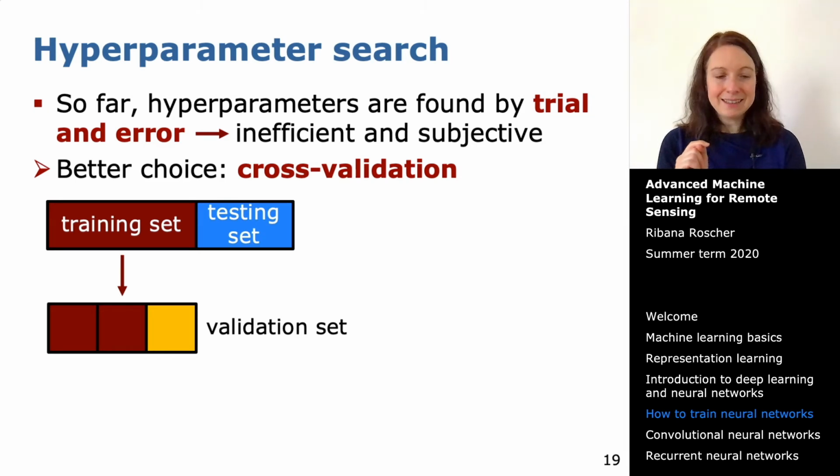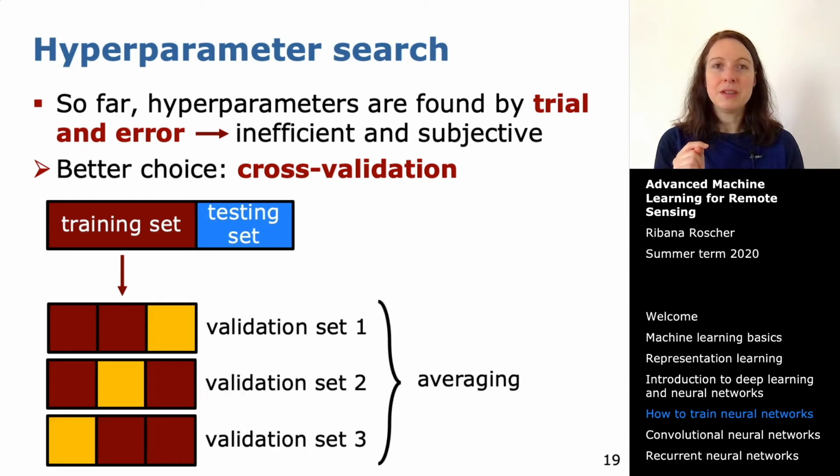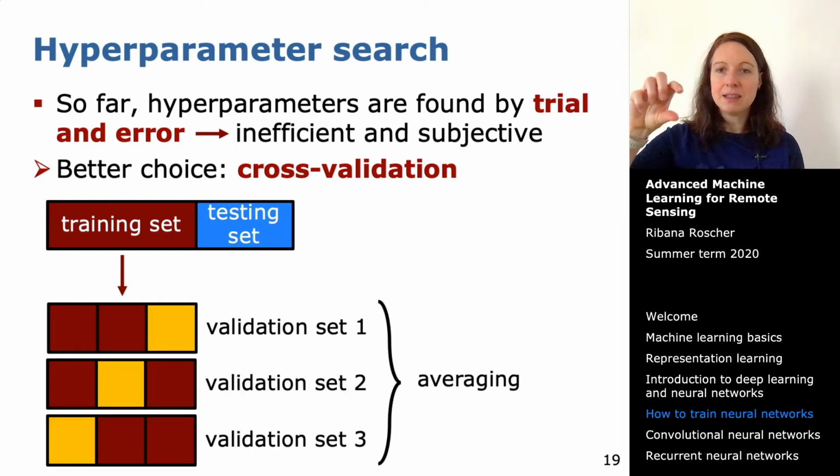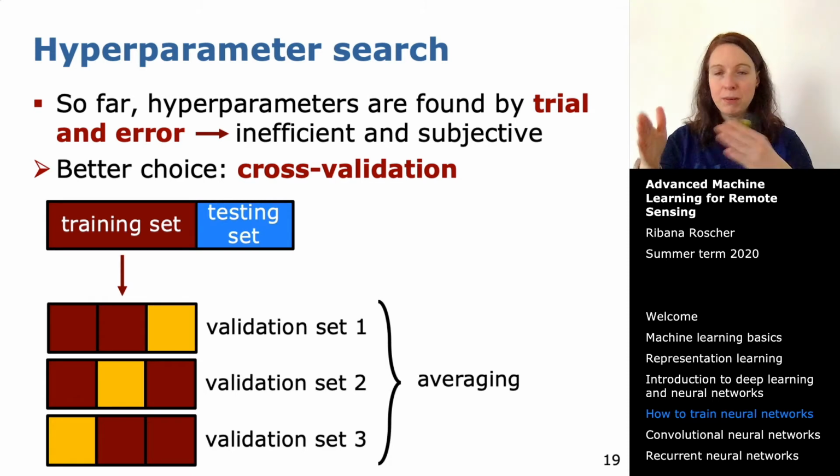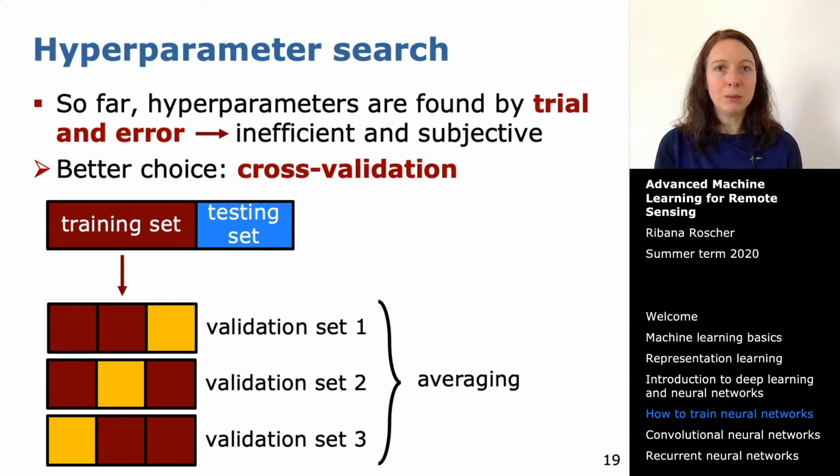An even better way is cross-validation. That means you split the training set into equal sizes, and then you always use n-1 parts, with n the number of sets you divided your set into, for training, and the last one is used for validation.